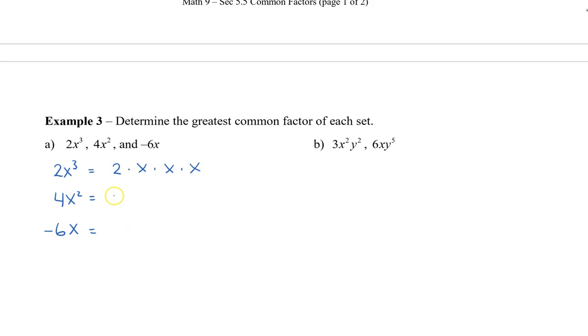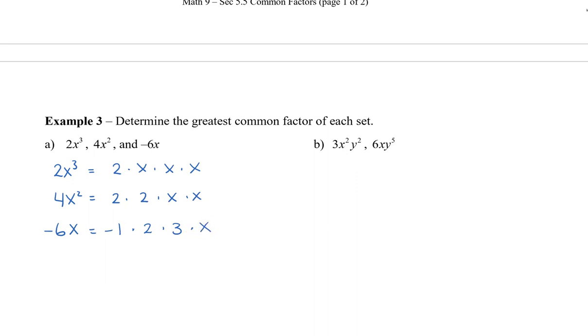And then 4x squared is equal to 2 times 2 times x times x. And then negative 6x is equal to negative 2 times 3 times x. Now actually, instead of writing this as negative 2, I'm going to rewrite this as negative 1 so that we can see that there's a negative here, times 2 times 3, and then times x.